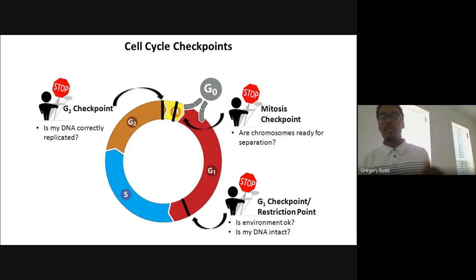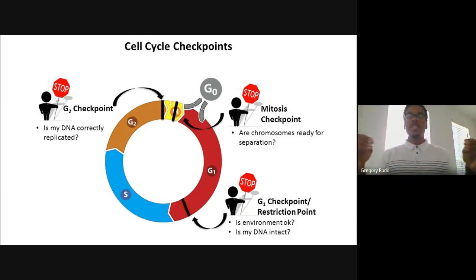And then lastly, before mitosis, are the chromosomes ready for separation? Are we ready to actually split into two new cells? If not, and this does unfortunately happen in some pretty detrimental ways that can lead to conditions like Down syndrome, we can end up with a cell that gets split and has an uneven number of chromosomes.